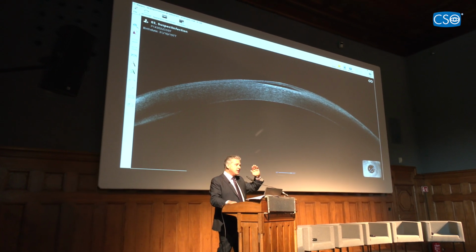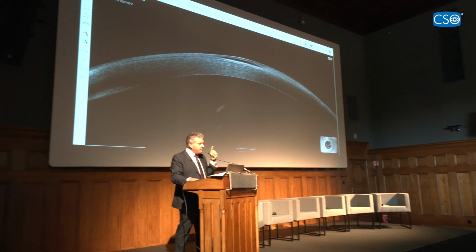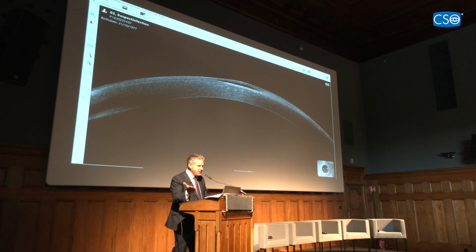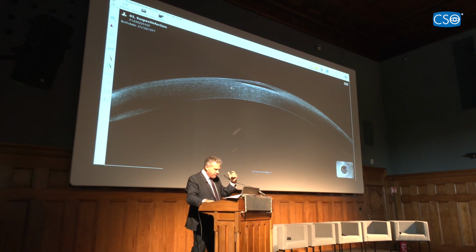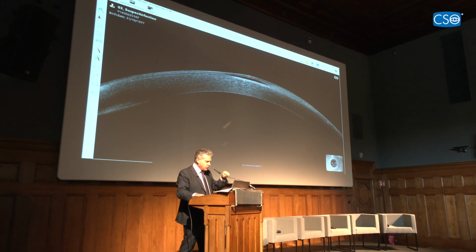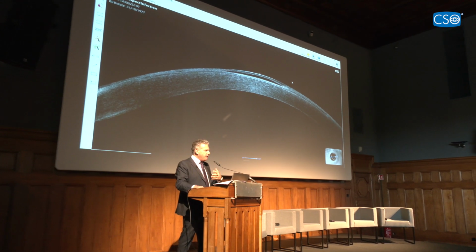Why? Because it was gray all over, but it's only gray in the middle here. And that's because the reflectivity of the beam is higher in the center. So because of that, I'm confident that this is just edema in the stromal component of the flap. I now am very confident.